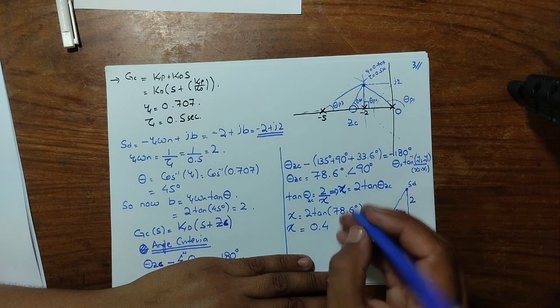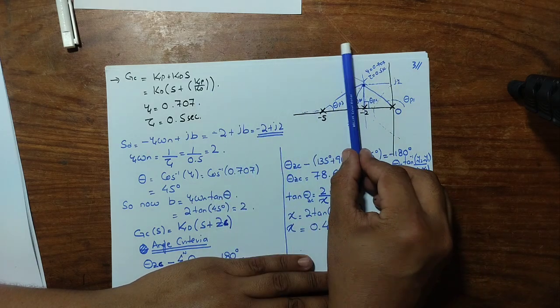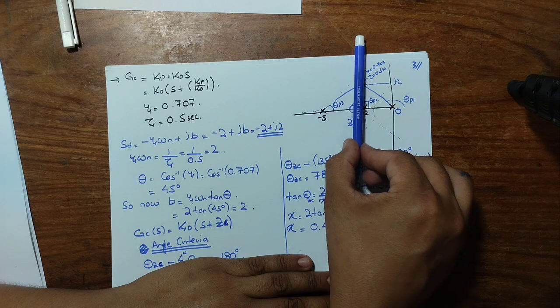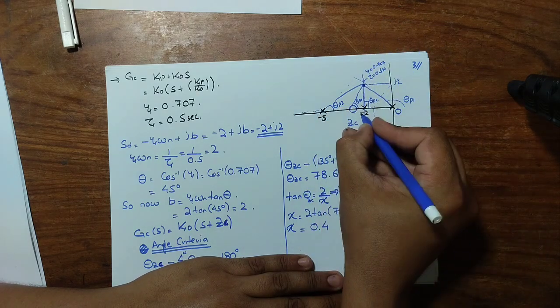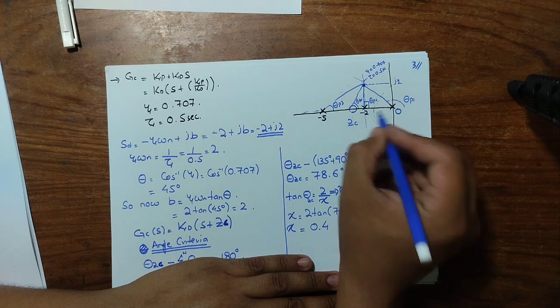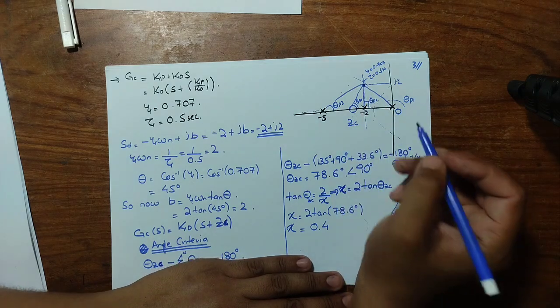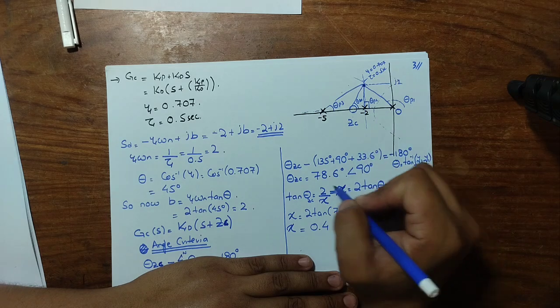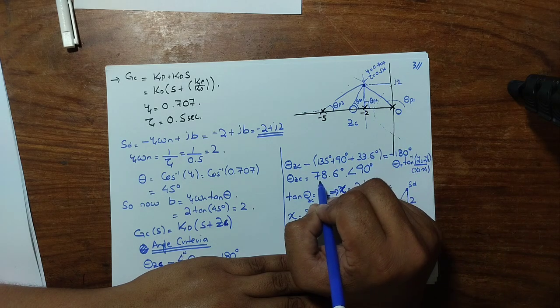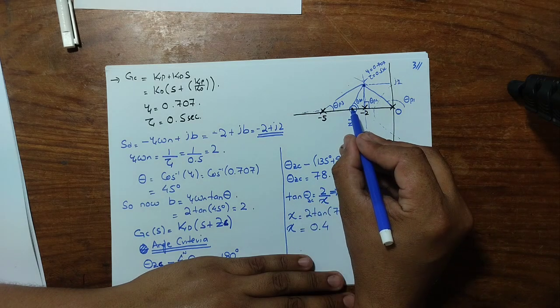Obviously this is less than 90 degrees, so we cannot place it here. We have to search for an angle like this one, and for this angle we have to place it on the left side of this perpendicular line that is cutting the real axis for this desired point. Otherwise, if we choose this point here, when we calculate this 78.6 degrees, we would have to shift it here.